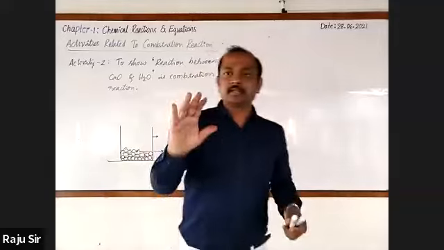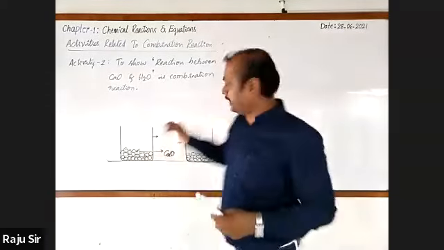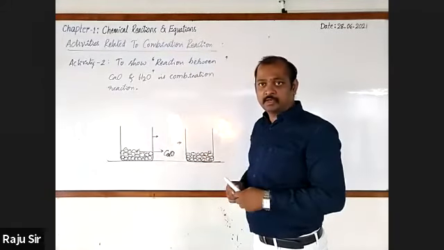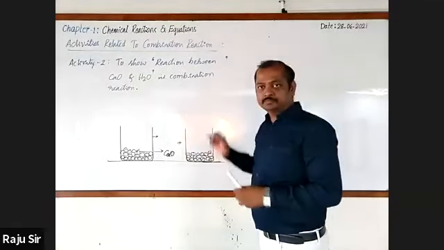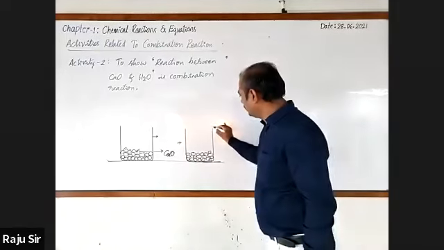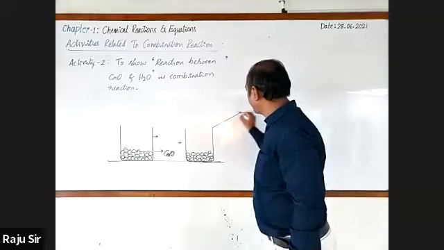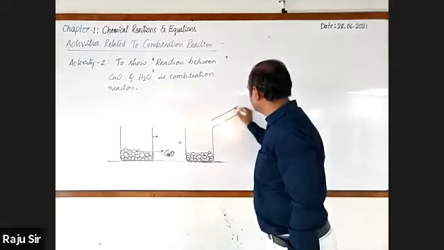Listen, we will take some amount of water in the test tube, and this should be added to the beaker containing calcium oxide. Now let me draw the test tube. Here is the marker. This is the test tube.